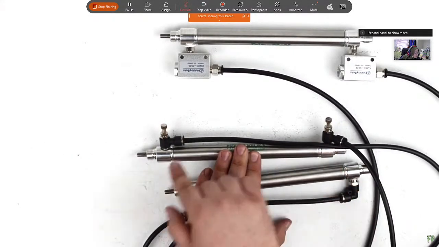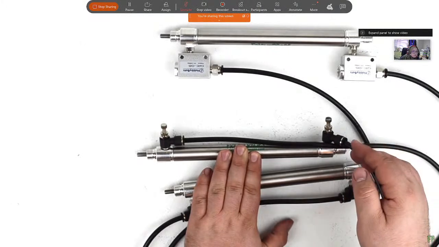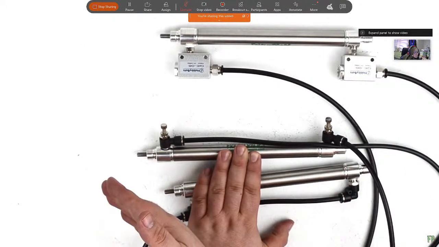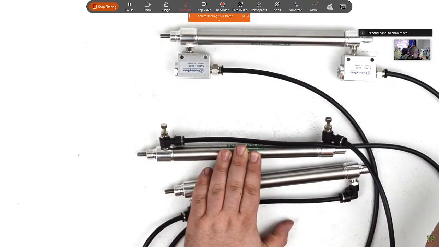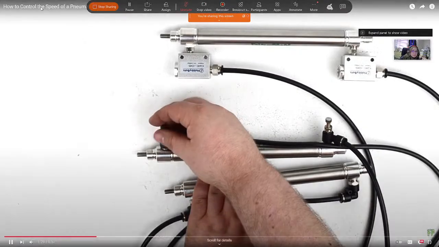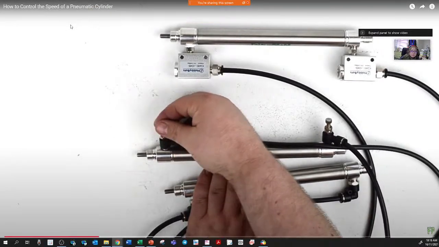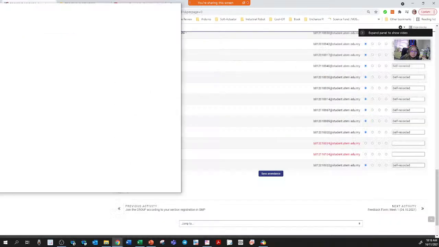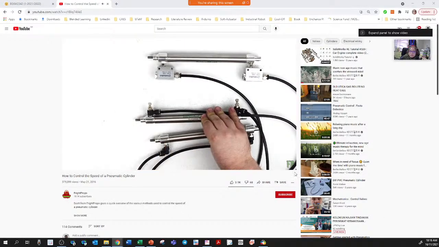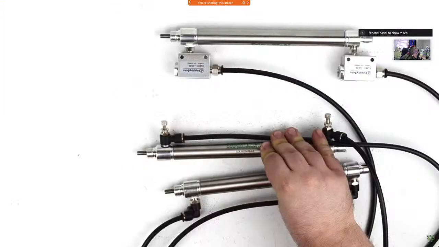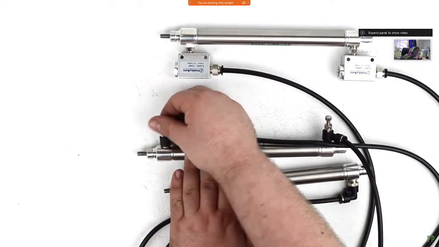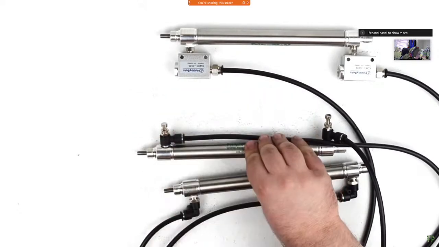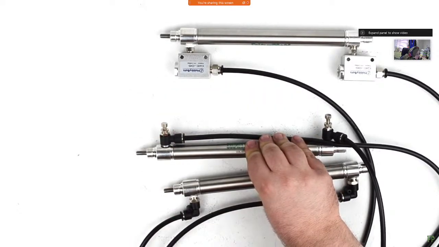Now, because these are double-acting cylinders, that basically means that air both pushes the cylinder rod out and draws it back in. So you can actually control independently the speed of the extension and retraction. So if we wanted to meter down very low the extension speed, we would just tighten this valve down. You see it extends very slowly. We can even go more slowly, into extremely slow, probably too slow.